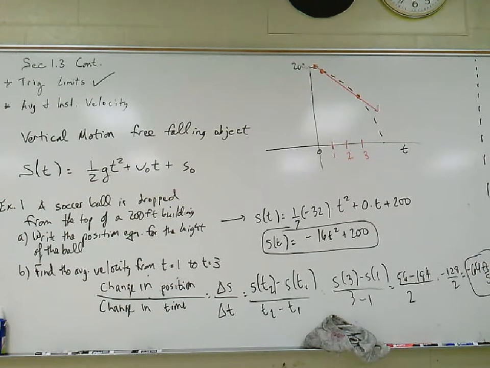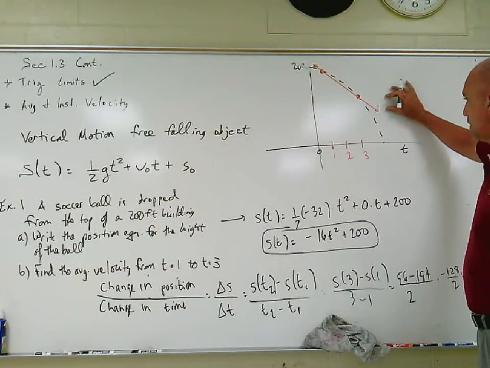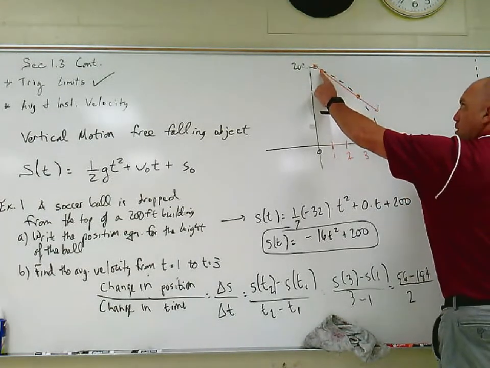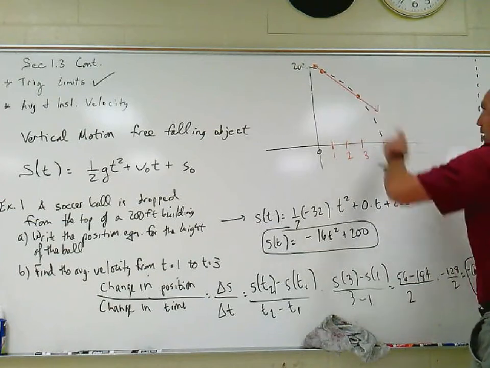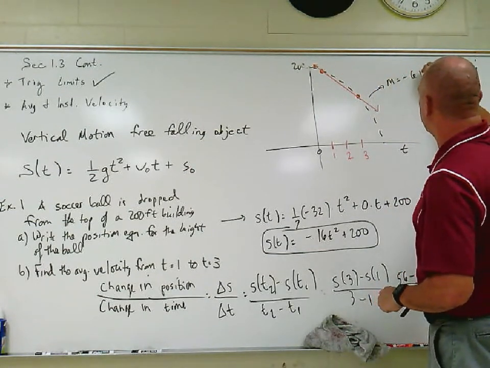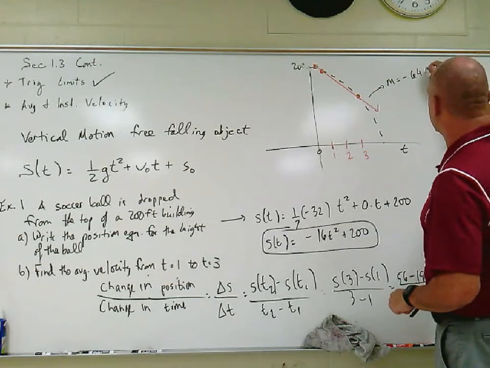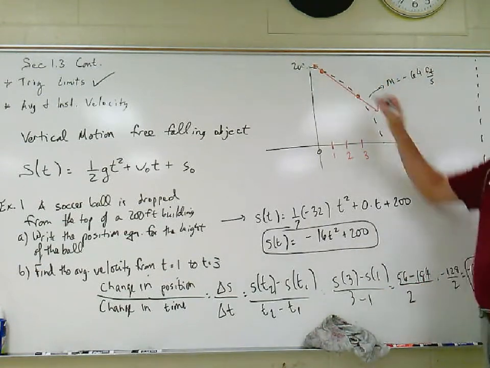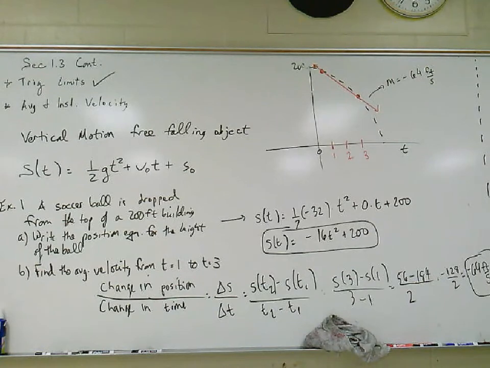So now, in terms graphically, I went ahead and drew this in orange. Notice, we talked about slope. We went from time 1 to time 3, and if you look at that line, we found the slope of that line to be negative 64. And of course, it's feet per second. So this secant line, remember, this was something we talked about the first day, in the first lesson, that you can find the slope of a secant line.